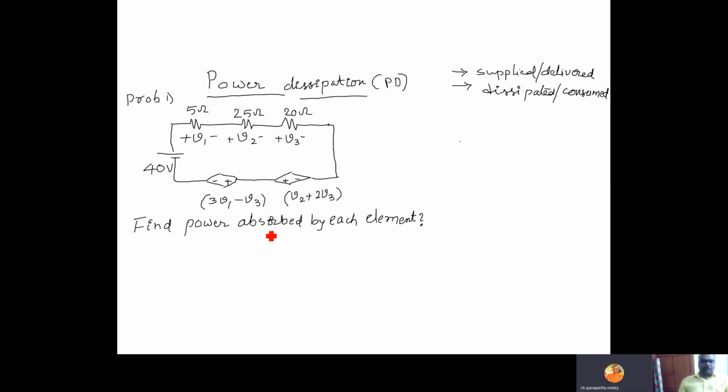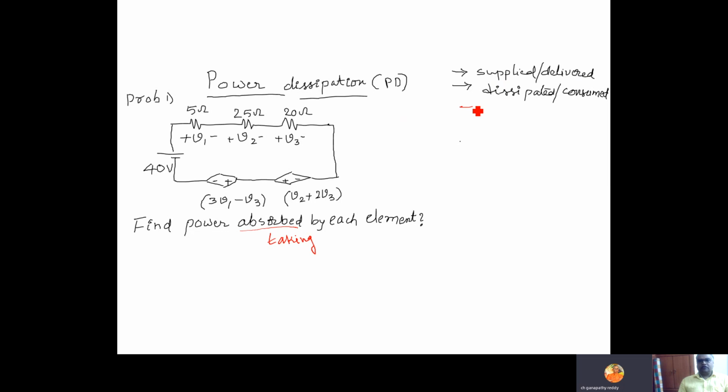Another word is absorbed. Absorb means taking. So absorbed is a general word. A resistor absorbs and dissipates, whereas an inductor and capacitor absorb and store.